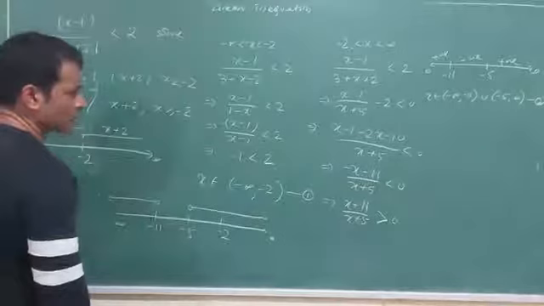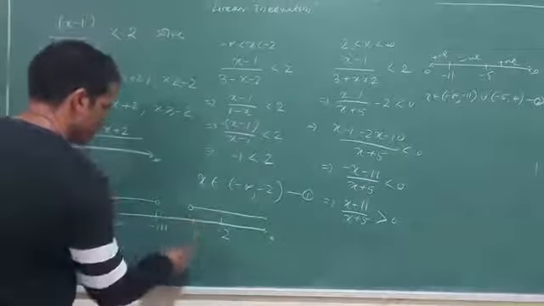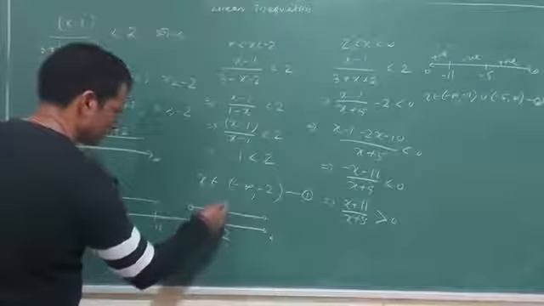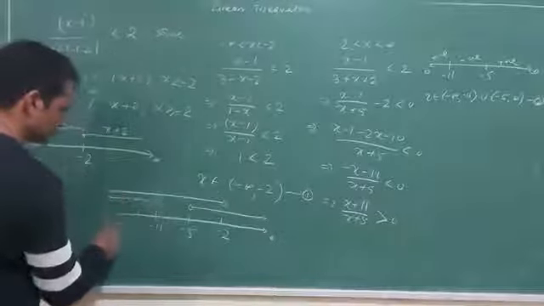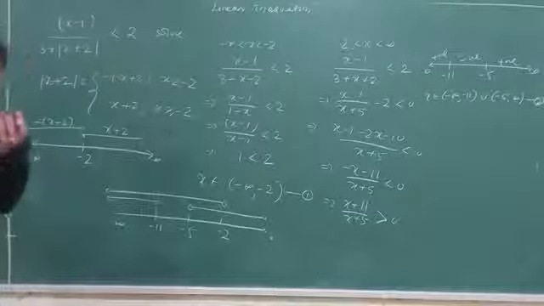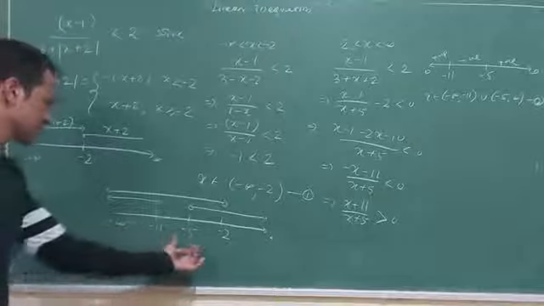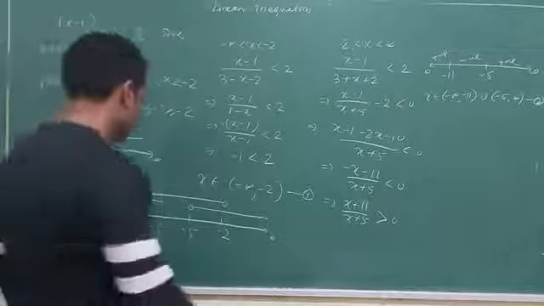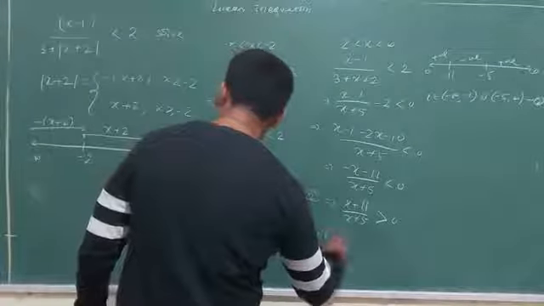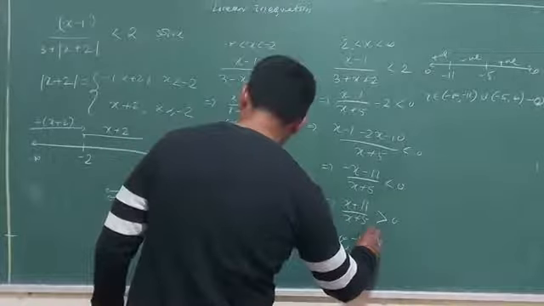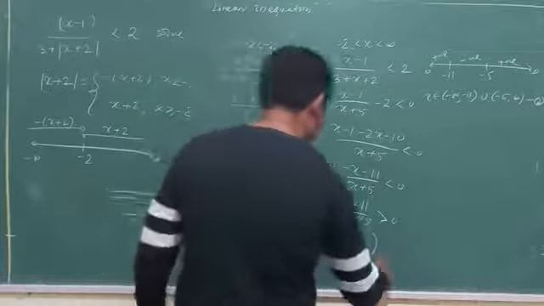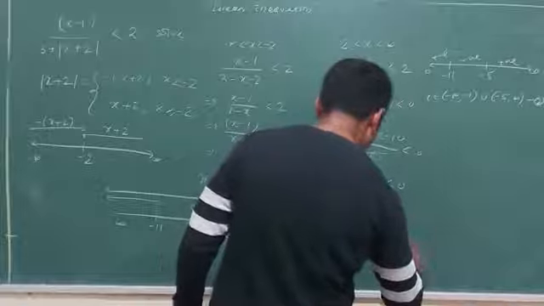Then yours minus infinity to minus 2 is here. Now see the whole of the portion. You will get this portion and this portion. The final answer is x belongs to minus infinity to minus 11, union minus 5 to minus 2.